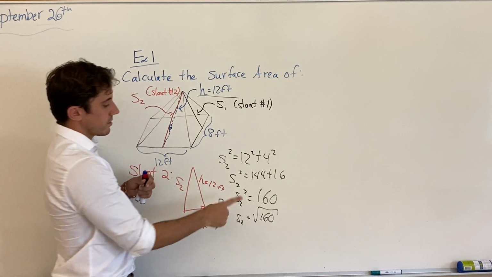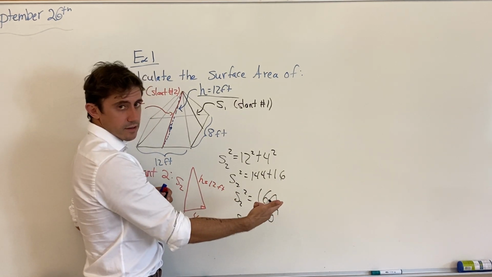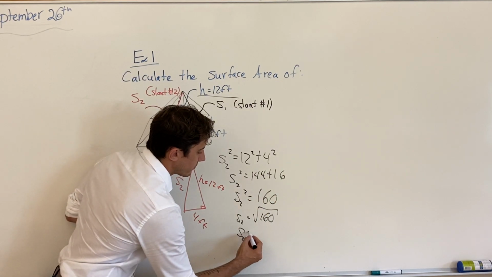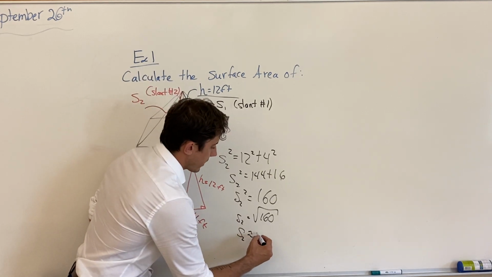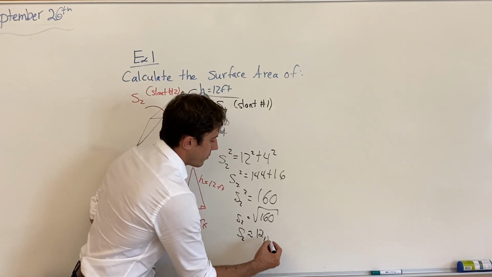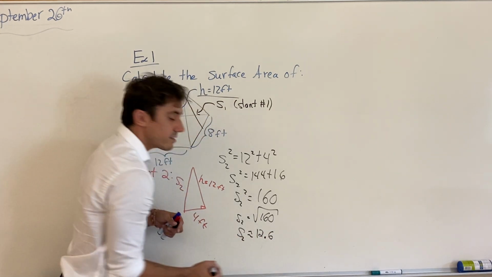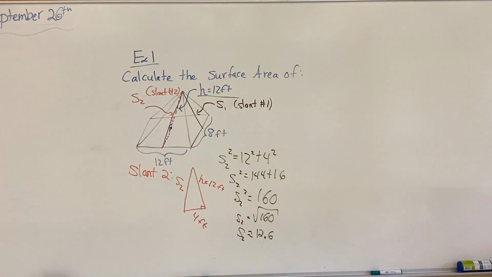Taking the inverse of the square means taking the square root of both sides, holding true to our algebra, and so we get an approximate value for S2 of around 12.6. If you want to check that at home, please feel free.